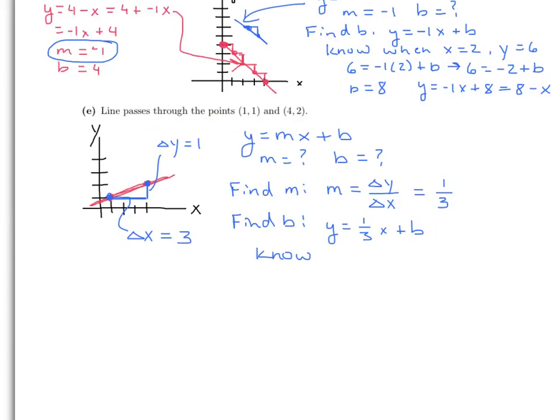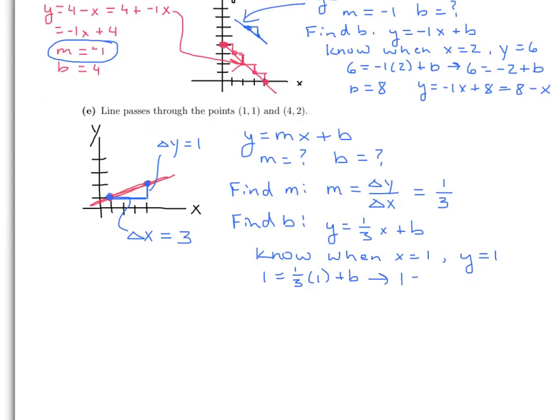Let's go ahead and use the pair 1, 1. So we know that when x is 1, y also must be 1. Let's substitute these values into the equation. So we have 1 is equal to 1/3 times 1 plus b.